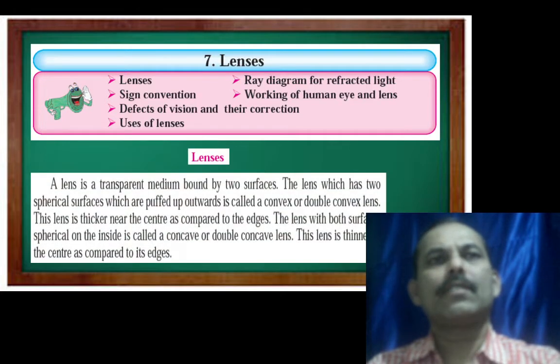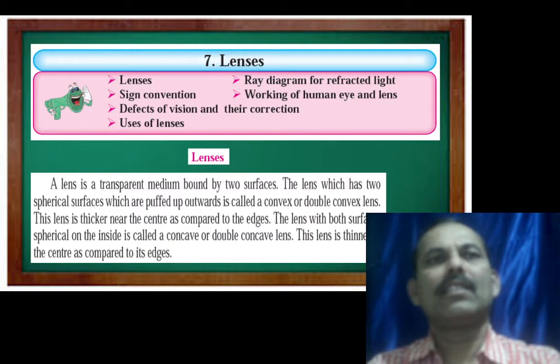What is a lens? A lens is a transparent medium bound by two surfaces. The lens which has two spherical surfaces which are curved outwards is called a convex or double convex lens.